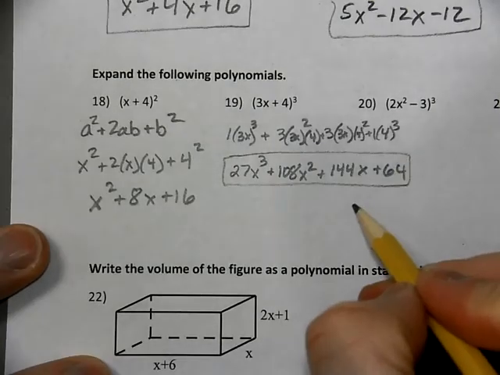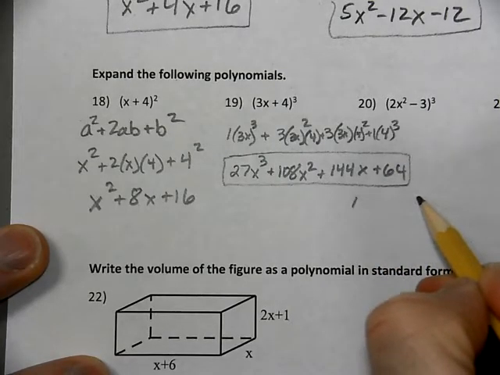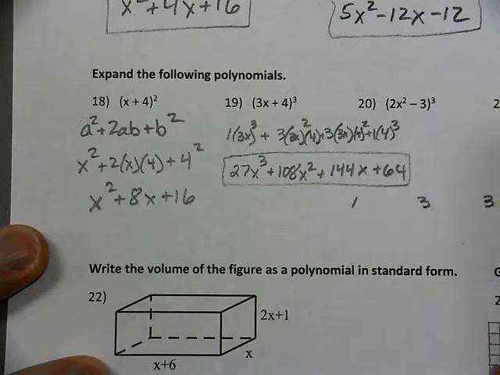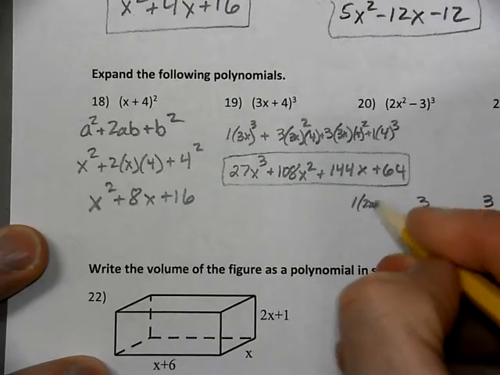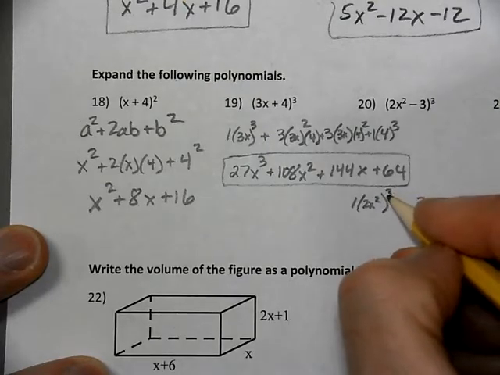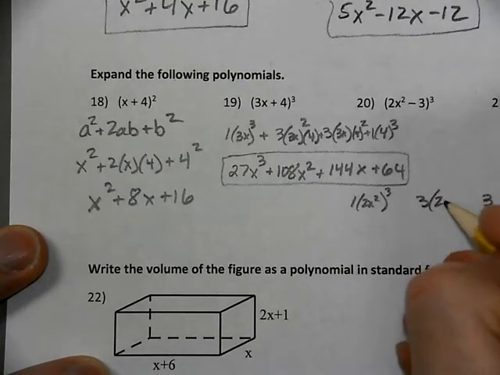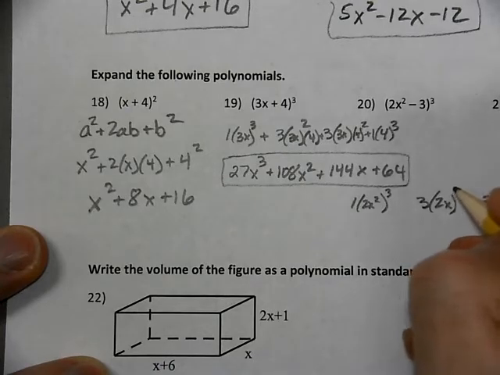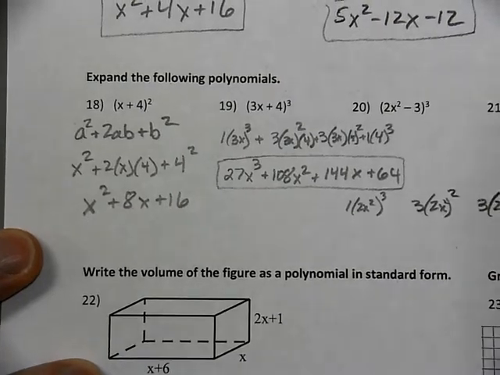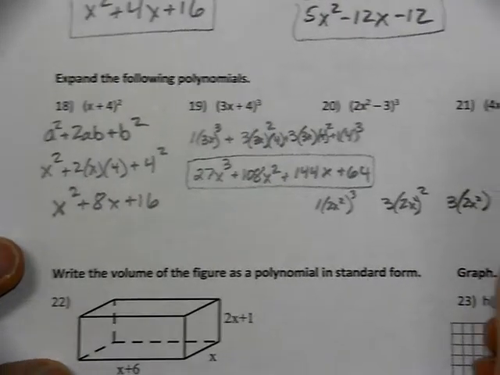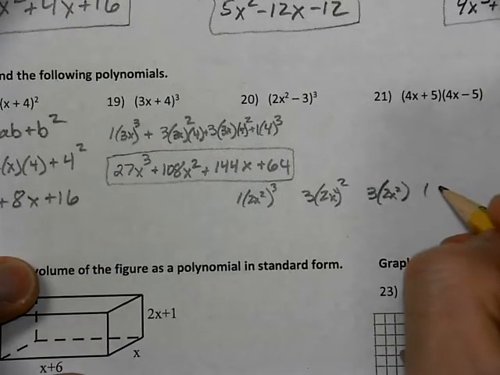In this case, we'll start out with our 1, our 3, and a 1. Our a value is 2x squared, and that's going to be cubed. Our a value is 2x squared, and that'll be squared. 2x squared to the first power and 2x squared to the 0 power.